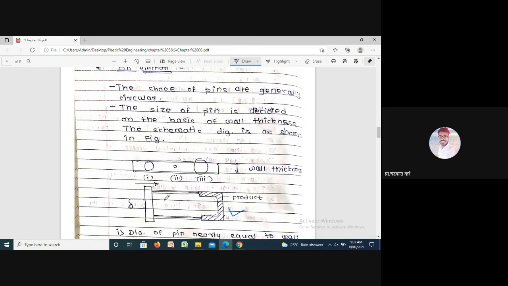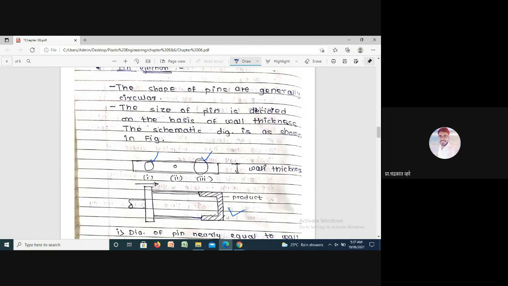This is the ejection system. These two are the pins. This is the top view and this is the side view. These pins have the same diameter as the wall thickness, or somewhat more, 1 or 2 mm more.